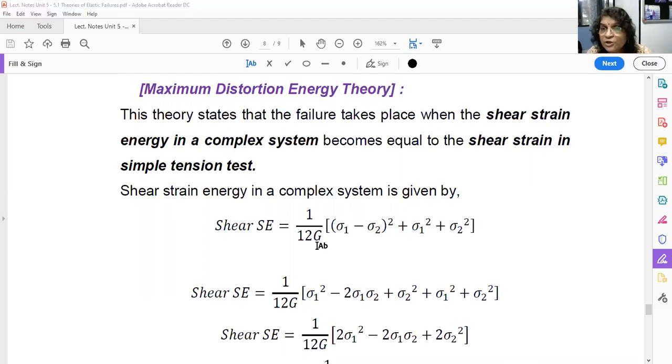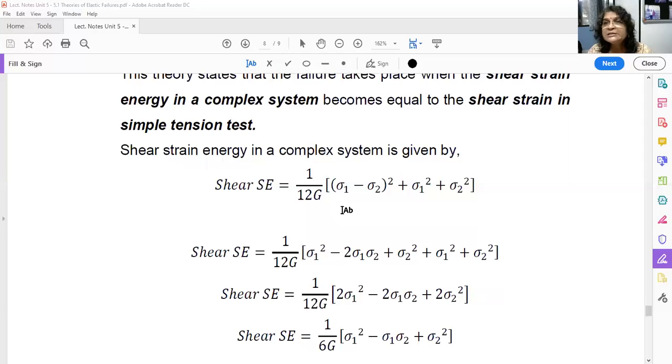G is the modulus of rigidity, because here it is shear strain energy, not elastic strain energy. That means not E, not modulus of elasticity. Whenever you consider shear, G always comes into the picture. Sigma 1 and sigma 2 are the principal stresses.